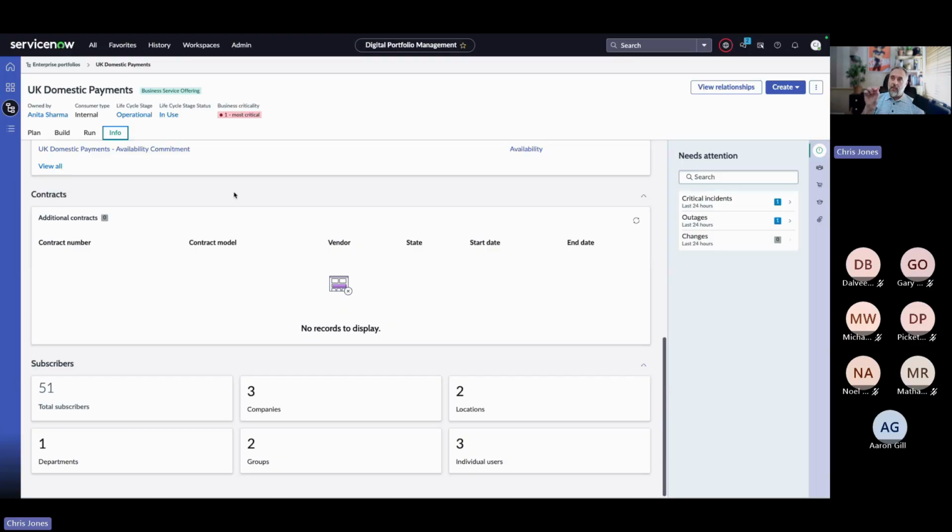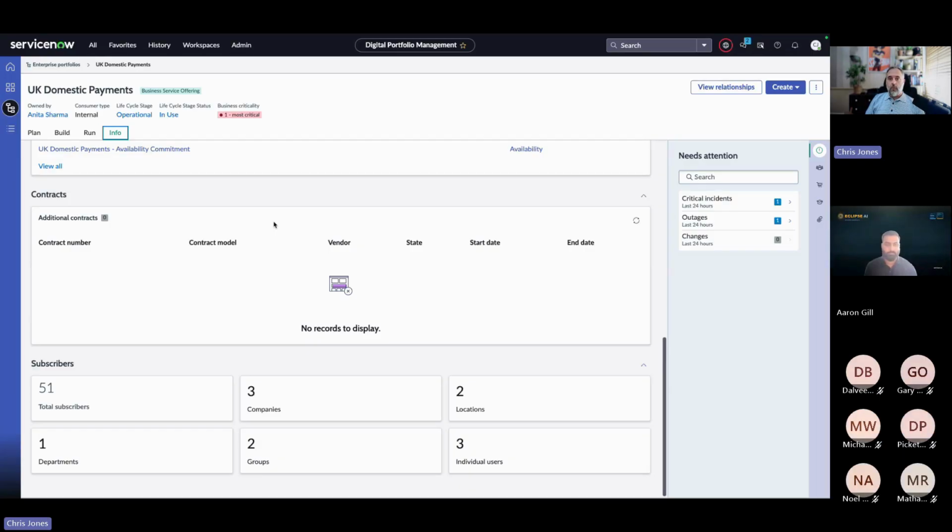So if something like that AWS service goes down, we know what lines within the global payment solution are going to be affected, but then we also know what user base is going to be affected, what kind of user, how many of them, and that really does help us understand what is the most priority of everything that is going on. So yeah, that's a short demo of what Solo can do. I will now stand for any questions.